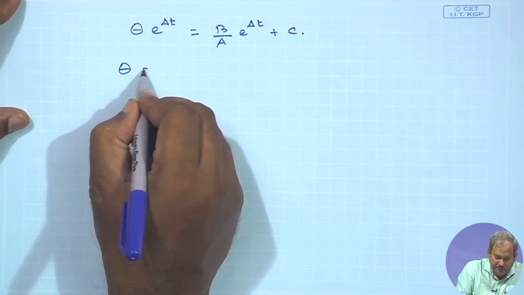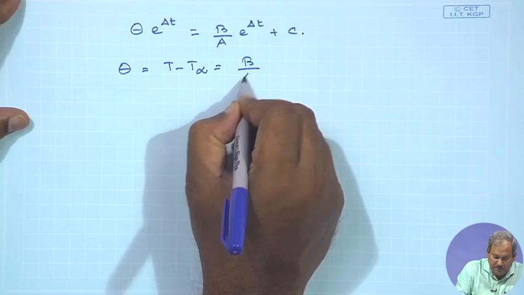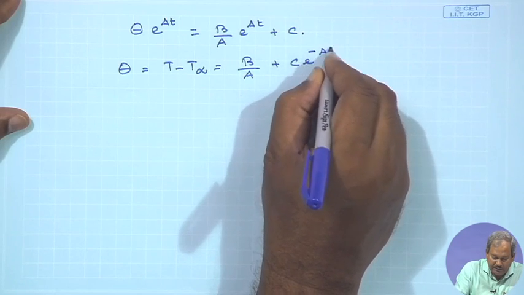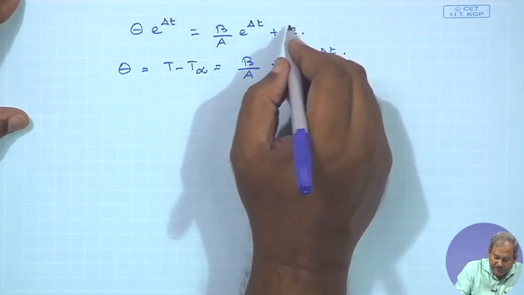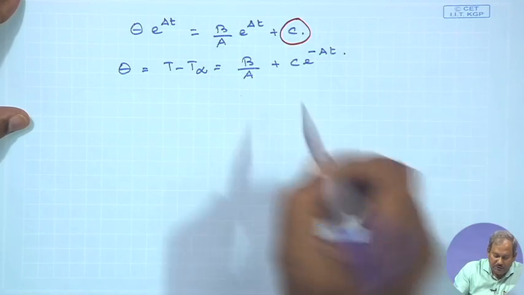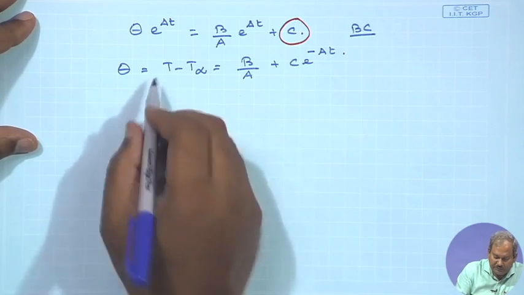So, therefore, theta, which is T minus T infinity, is equal to b by a plus c e to the power minus a t. This c is the constant of integration, which needs to be evaluated through the use of boundary conditions.